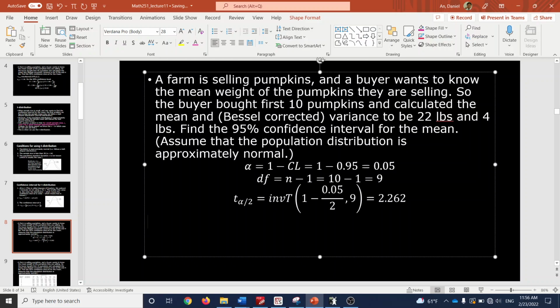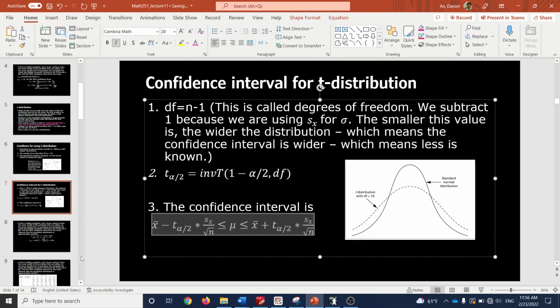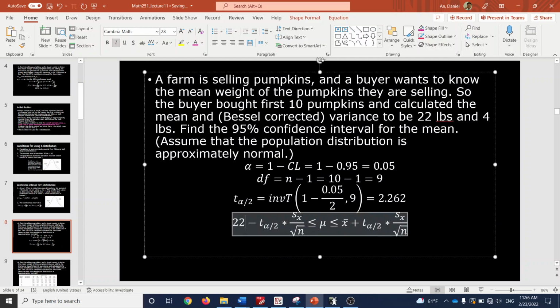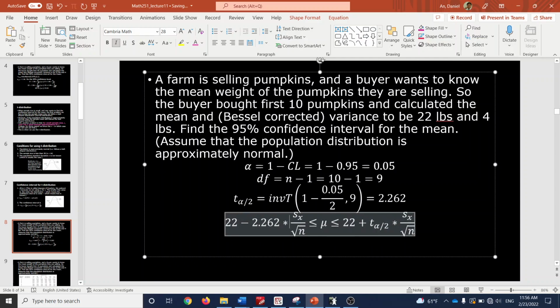And now you write down this, we just calculate this formula here, which is this one. So we're going to use this with x bar, the sample mean, being 22. So I put 22 here. T alpha over 2, we just found out to be 2.262, so I'm going to replace that by 2.262.